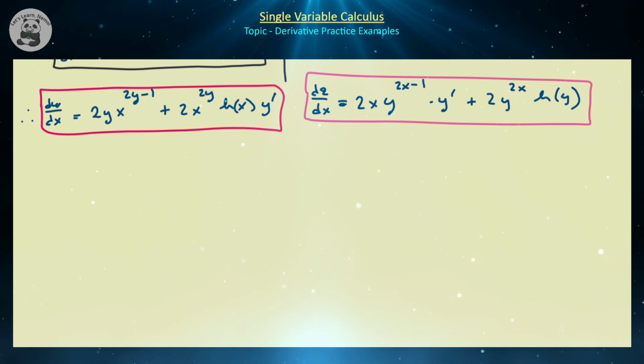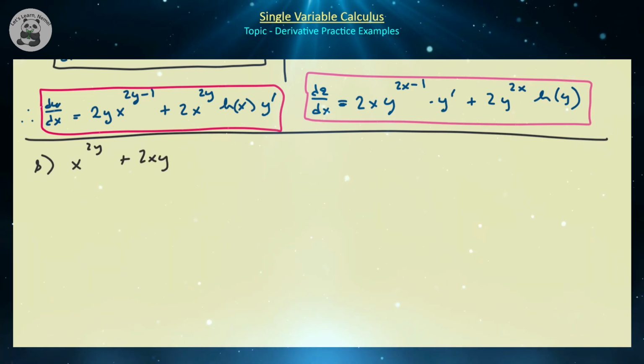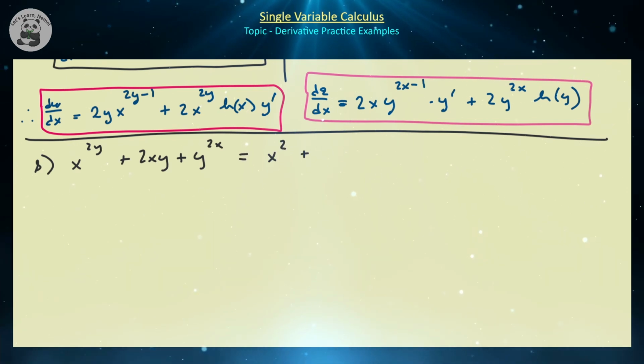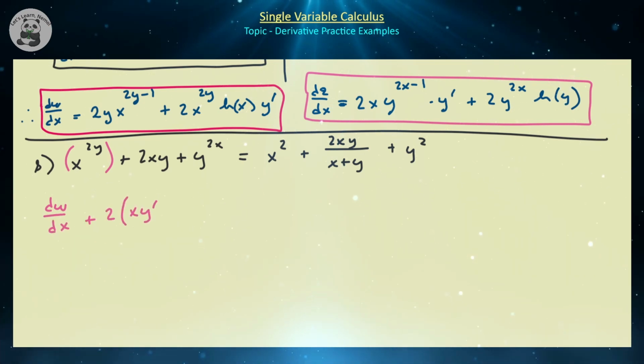All right, so let's bring back what our original problem was. x to the 2y plus 2xy plus y to the 2x is equal to x squared plus 2xy over x plus y squared. Okay, so take the derivative with respect to x of both sides. We get the derivative of that with respect to x, which is just dw/dx, plus 2 first derivative second plus second derivative first. And then over here we had the derivative of z with respect to x.